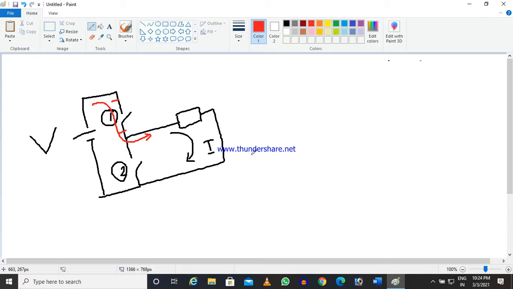Simply, using some formulas and thumb rules, I will explain how to design a snubber circuit and how to select the values. Okay, so now simply consider that across this I am putting one capacitor.